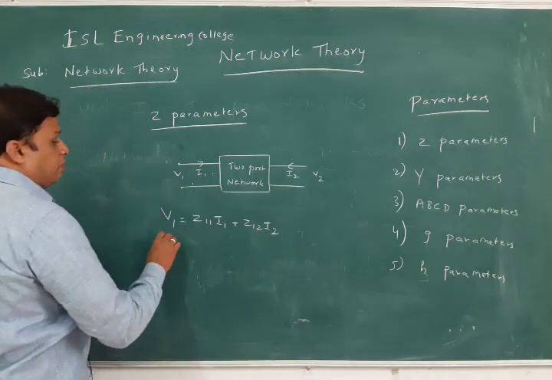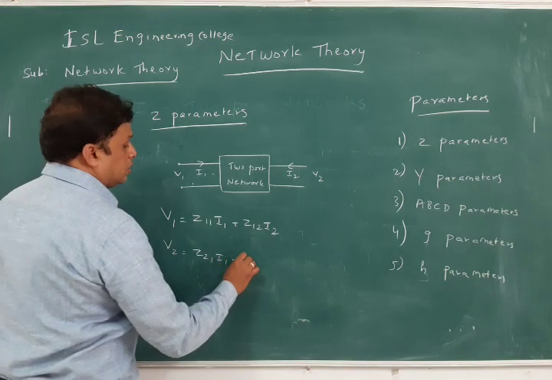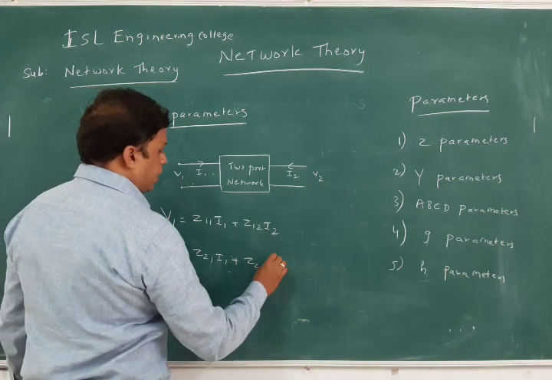I2 and V2 is equal to Z21 I1 plus Z22 I2.